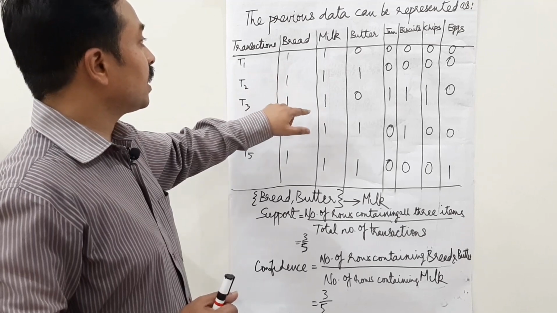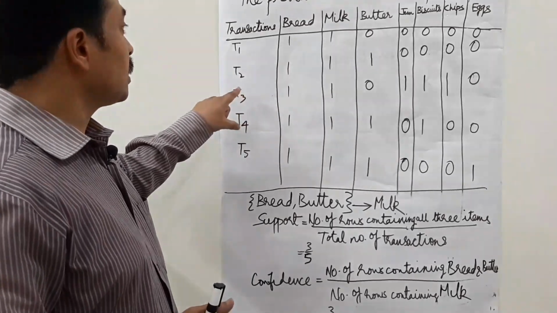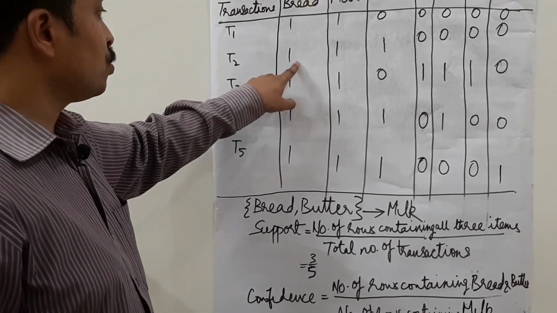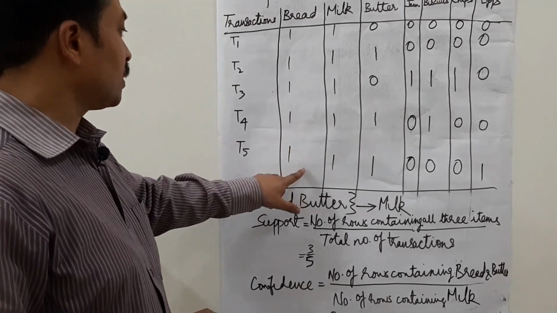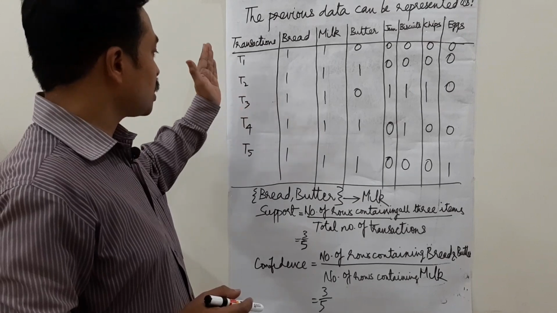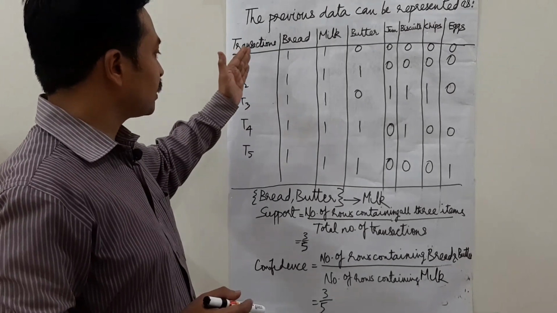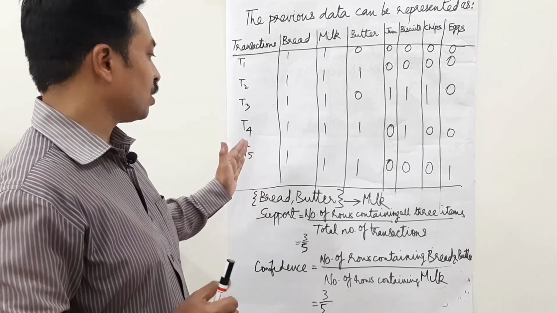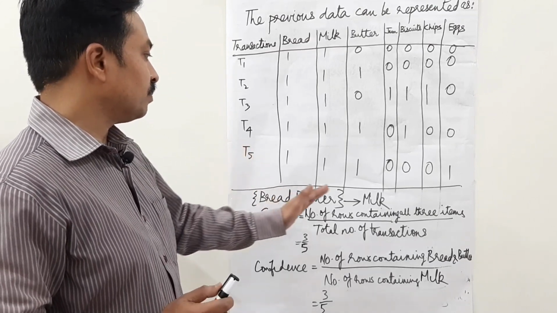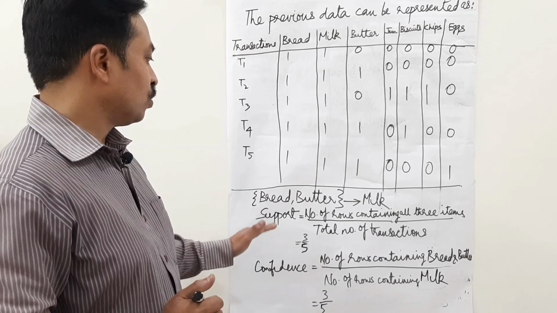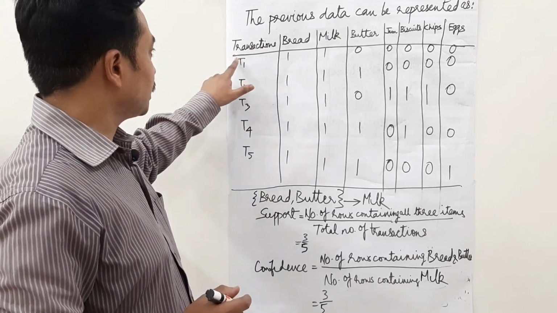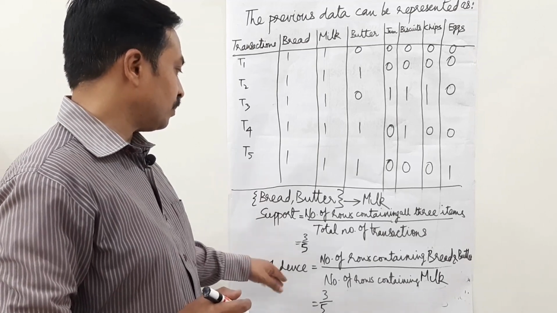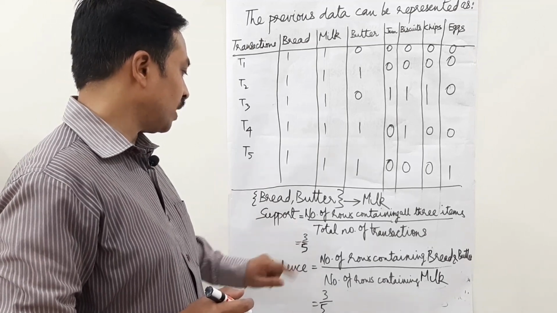Bread, milk and butter are together in transaction T2, T4 and T5. So there are three transactions where bread, butter and milk are purchased together, while the total number of transactions is 5, from T1 to T5. So support in this example would be 3 upon 5.